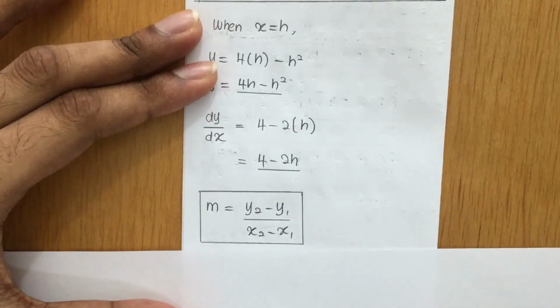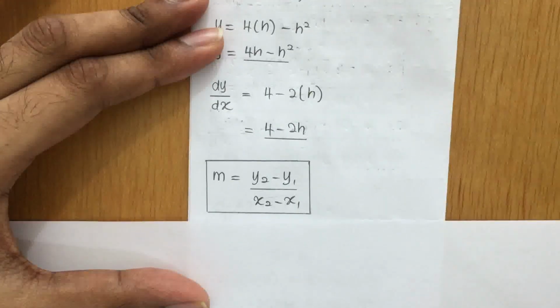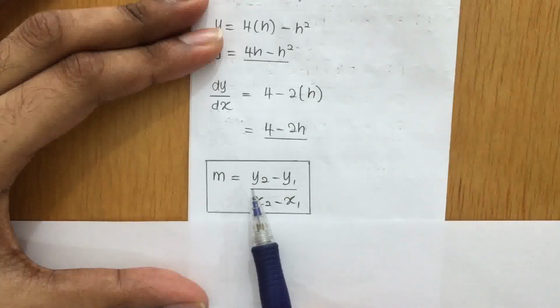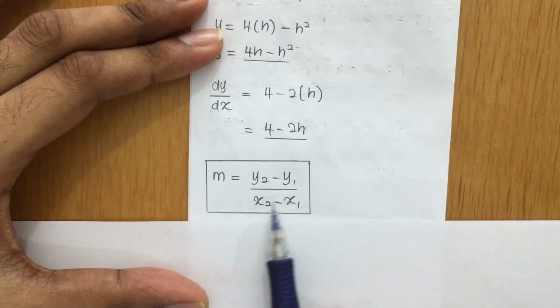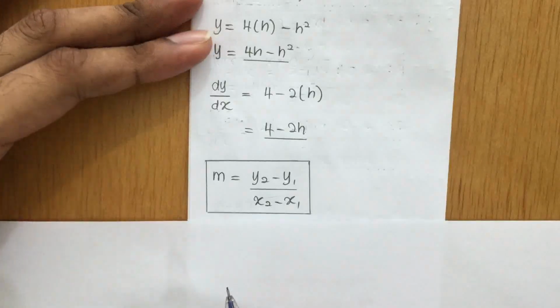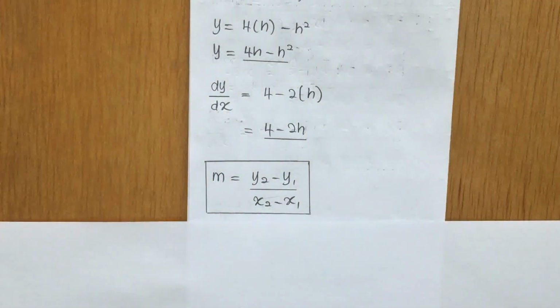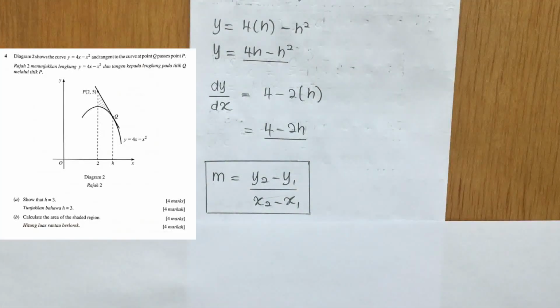As you know, to find the gradient of a straight line, we need to use this formula: m is equal to y2 minus y1 divided by x2 minus x1. If you take a look at the question here, they already give us the coordinate P over here, which is (2, 5). But then we have a problem, we don't know exactly the coordinate Q. But the question already gave us a hint by giving the x coordinate of Q, where x is equal to h.